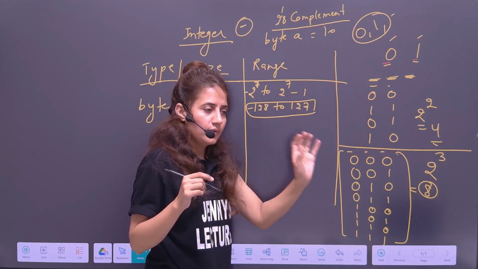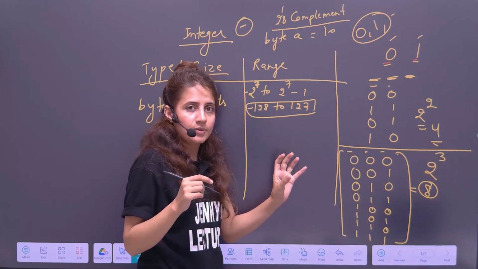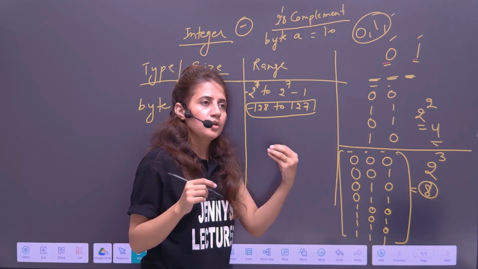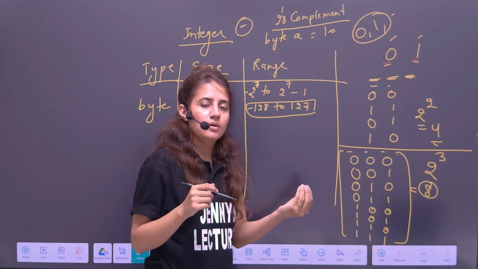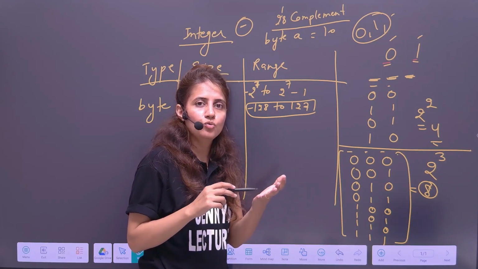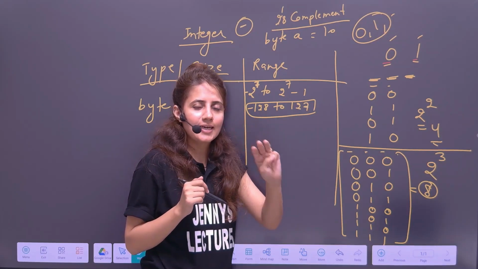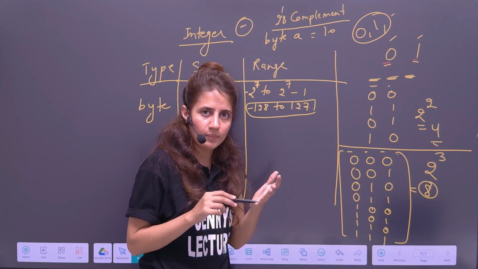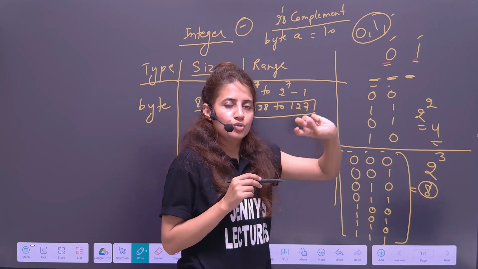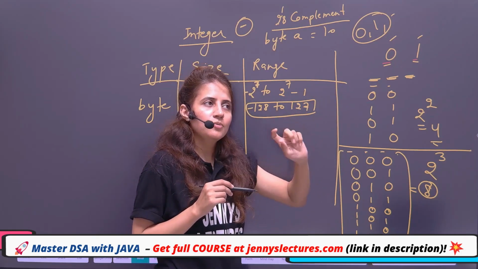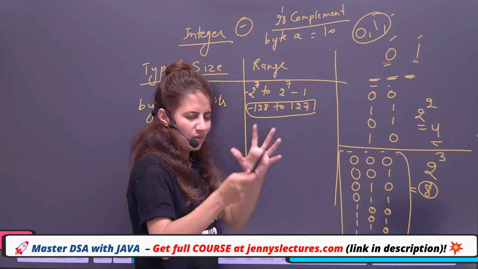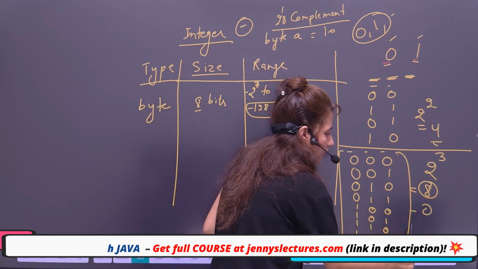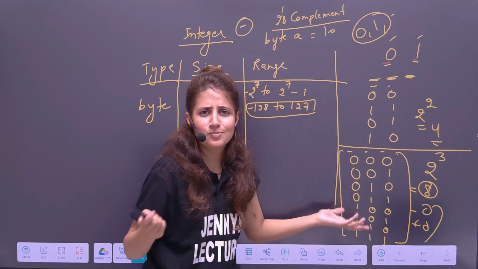If you want to read about how data representation is done in a computer, you can search for one's complement and two's complement. There are basically three techniques to represent negative numbers: sign magnitude, one's complement, and two's complement. But the first two have some drawbacks. When we store, there is minus 0 as well as plus 0. But obviously there is no minus or plus 0. 0 is 0.